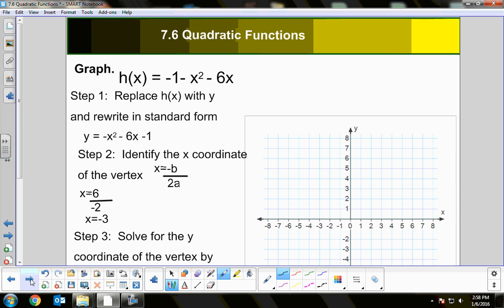It's not exactly the standard form either. So I want to replace h of x with y and rewrite this in the standard form. Rewriting it in the standard form, I get y equals negative x squared minus 6x minus 1. That's my first step.